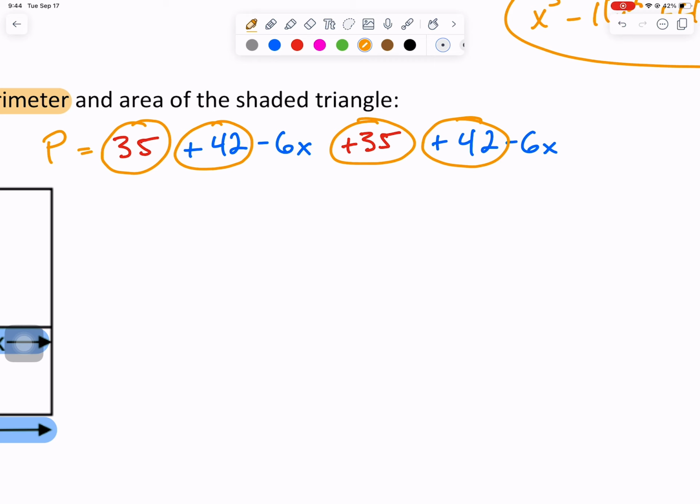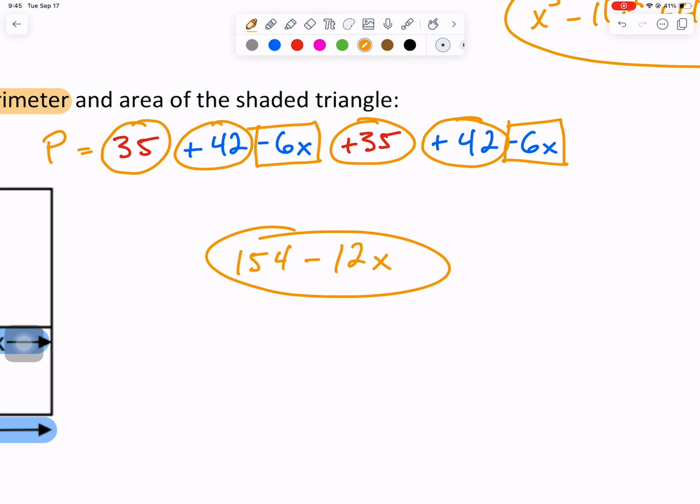I'm going to go ahead and write that right here. And then we will get, hold on, negative 6x minus 6x. I'm going to box that. That will give us negative 12x. So that right there is your perimeter.